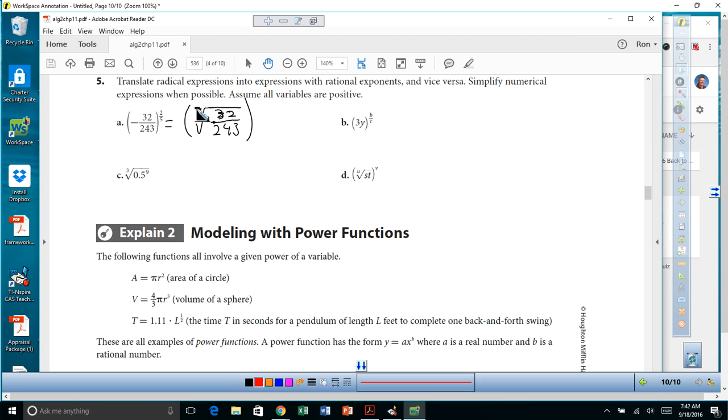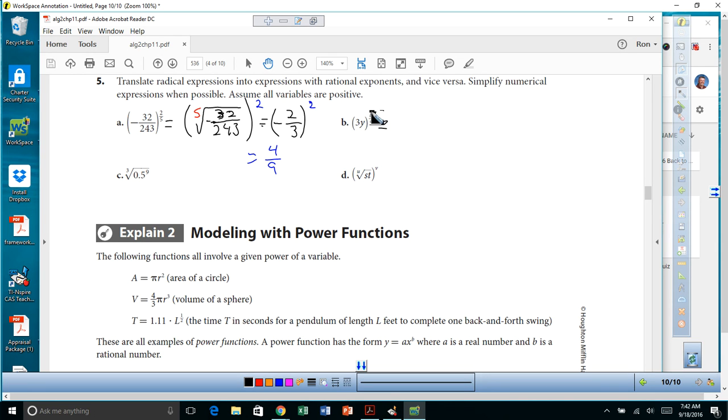Our n is going to be 5, and then we're going to square this. Now, what's the 5th root of 32? That's going to be 2, and the 5th root of 243 is 3, and then we'll square that. Negative 2 squared is 4, and 3 squared is 9. Worked out pretty well. Not near as nasty as it looked, is it?